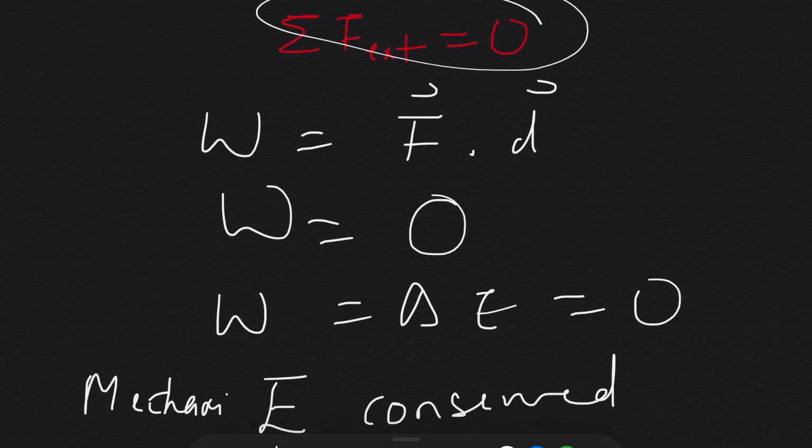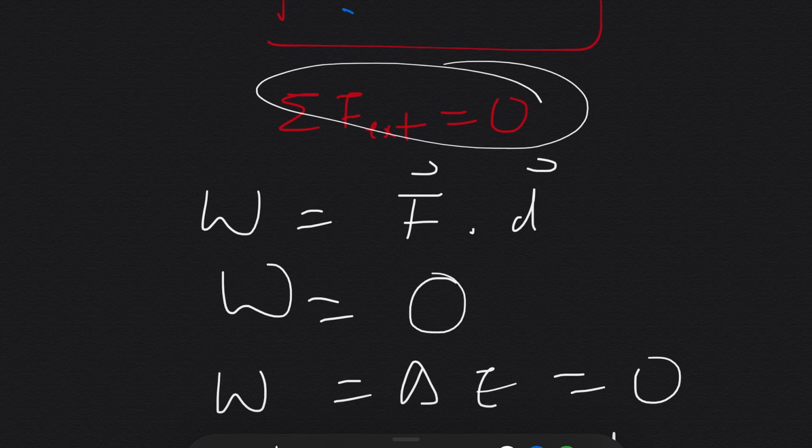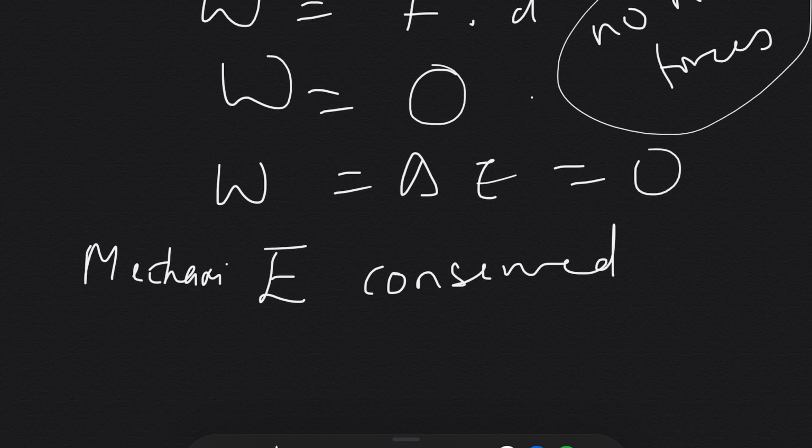Let's say we have a non-conservative force involved. Let's say some non-conservative force comes into the picture. Oh, by the way, just a heads up, this is an isolated system, plus there are no non-conservative forces. I forgot to mention it. Then only this idea applies, all right? Otherwise, this isn't true. So if there are no non-conservative forces, then this is true.